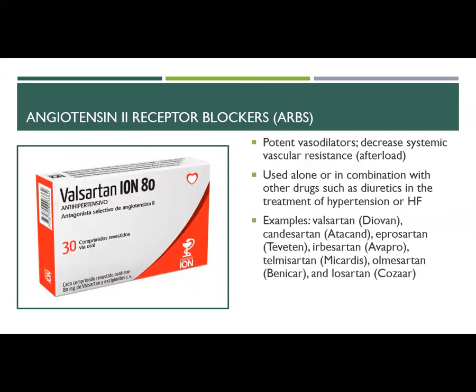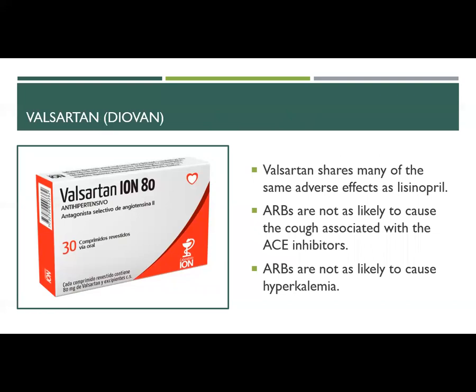Angiotensin 2 receptor blockers are potent vasodilators, decrease systemic vascular resistance, and can be used alone or in combination. Valsartan shares many of the same adverse effects as lisinopril, and ARBs are not as likely to cause the cough associated with ACE inhibitors. They're also not as likely to cause hyperkalemia.